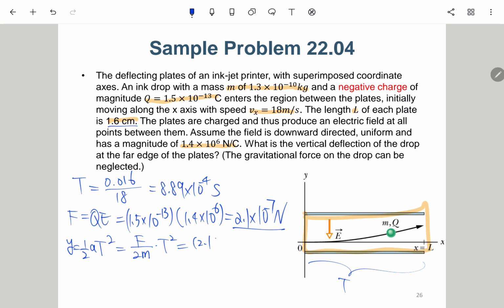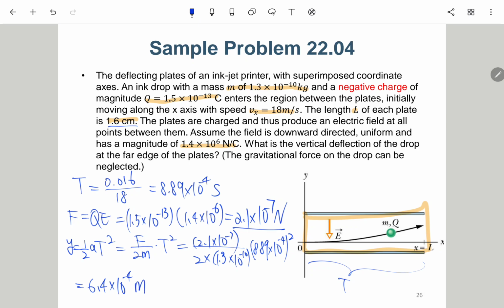This is 2.1 times 10 to negative 7, over 2 times 1.3 times 10 to negative 10, times t, which is 8.89 times 10 to negative 4, squared. So we finally find that this is actually 6.4 times 10 to negative 4 meter.